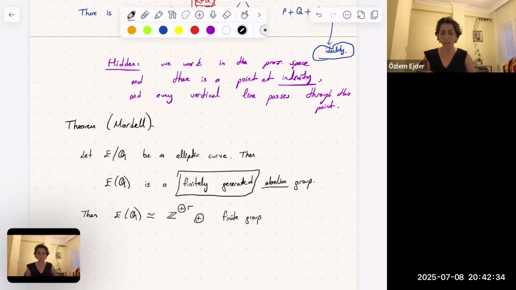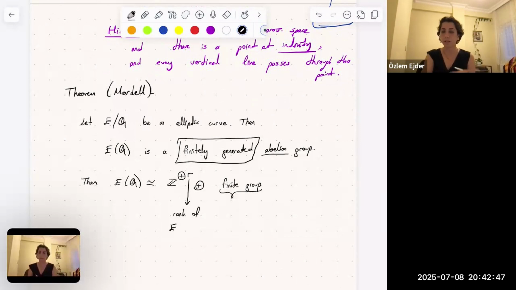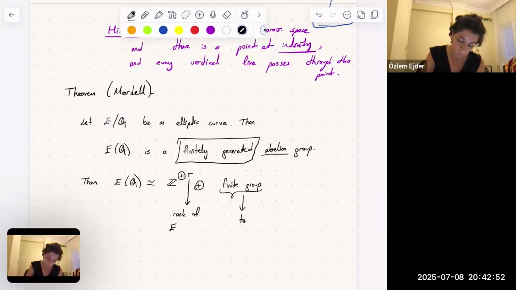You can also describe this finite group nicely, but it doesn't matter for this talk. This R here is called the rank of the curve E. There's a lot of research going on about this R, and this finite group is called the torsion subgroup.